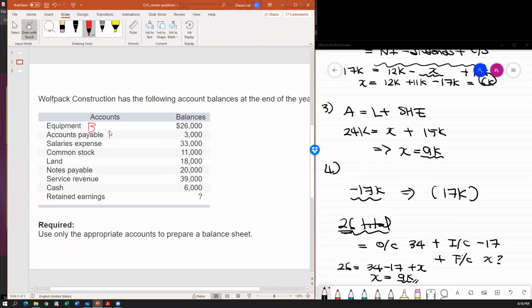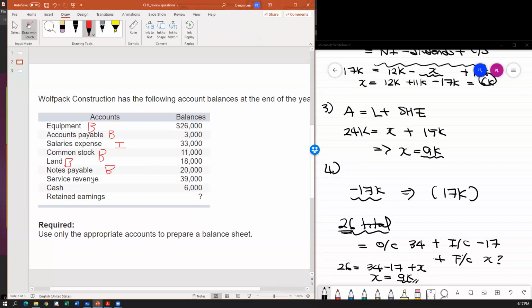Accounts payable is another balance sheet item, a liability reported under the liability section. Sellers' expense is an expense, so it will be reported under the income statement. Common stock is a balance sheet item. Land is a balance sheet item. Notes payable is a balance sheet item.